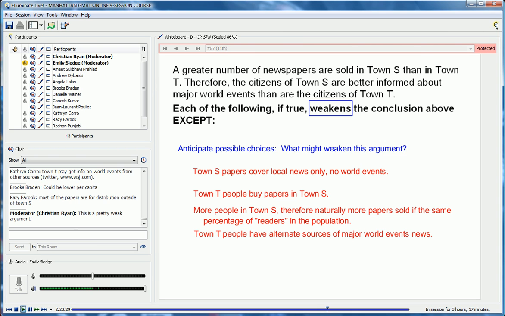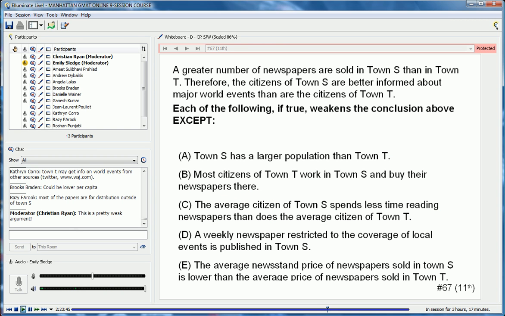Alrighty, well, with that in mind, this was a pretty weak argument, and that may be why they are phrasing it this way. Each of the following weakens the conclusion, except. So when we see 5 choices, we're going to see a lot of weakeners among them. Here are your 5 choices. Go ahead and pick your answer.